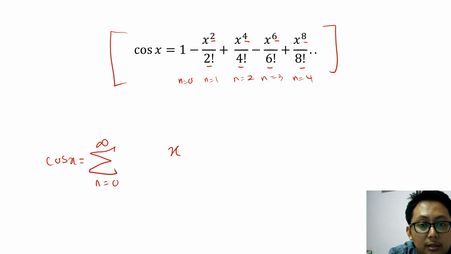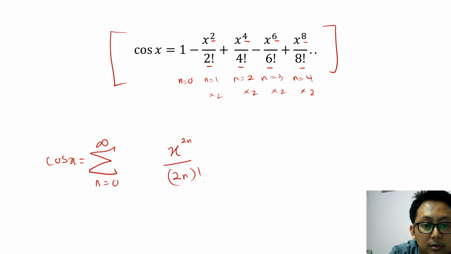So we can see that it's times 2, times 2, times 2, times 2. So it means that the term is x power of 2n over 2n factorial. And because n equal to 0, you have 1, 0 factorial equal to 1. And then we still have positive, negative, positive, negative, starting from positive, so the minus 1 is power of n.